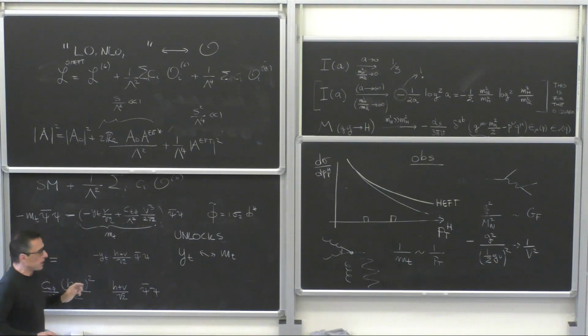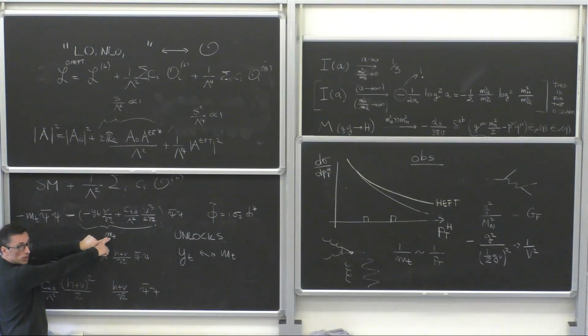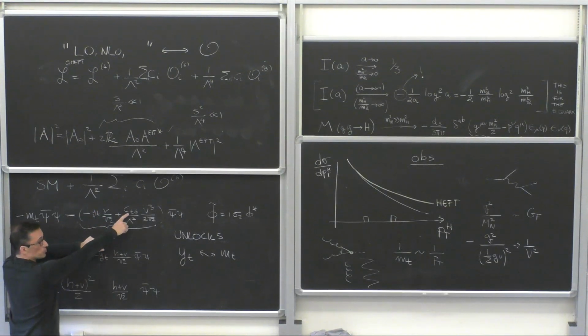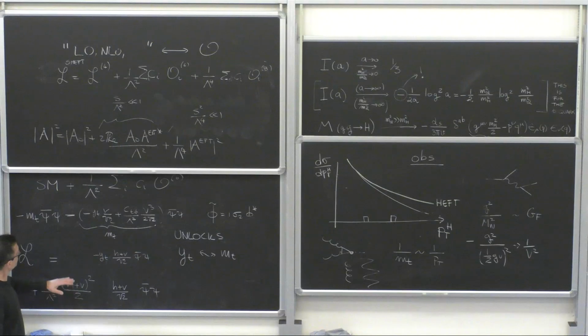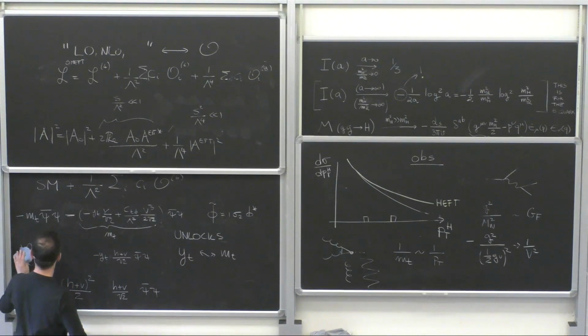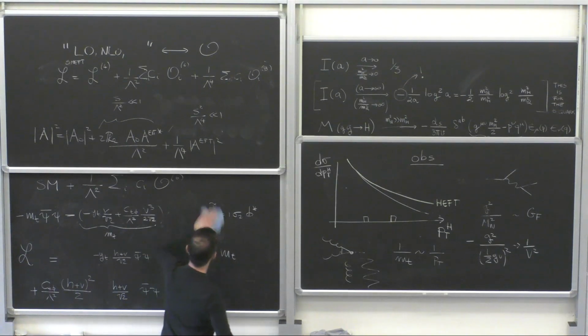Then, once I have the mass of the top from here, I can trade yt, like before, as a function of the mass, but this time it is also a function of this guy. So I trade these two. So I rewrite y as a function of m and c, and I put it here. Okay, sorry, not here. Let me do the other one.